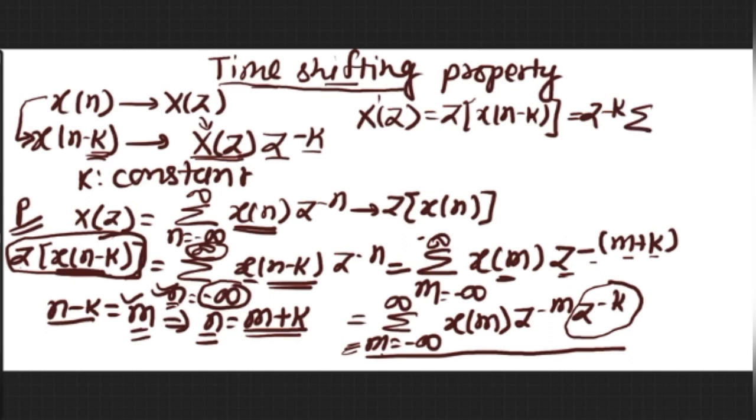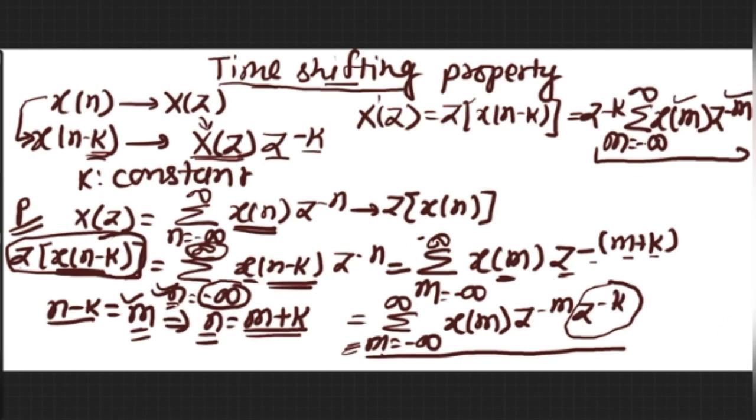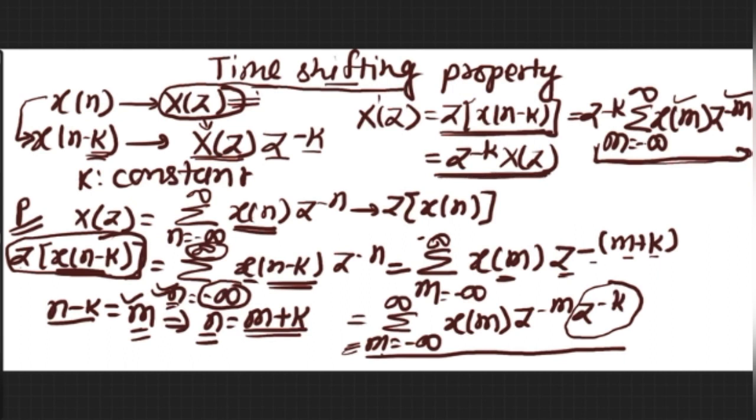Now, the rest of the equation is the summation over m from minus infinity to plus infinity of x[m] z to the power minus m, which will give us the Z transform X(z). So, we can replace that complete summation with X(z). So, X dash z will become z to the power minus k X(z), or the Z transform of x[n minus k] will be equal to z to the power minus k X(z).